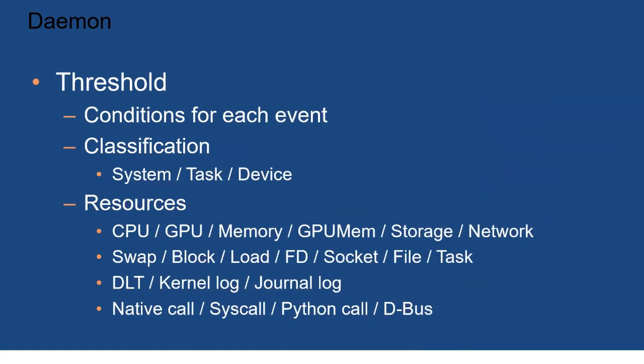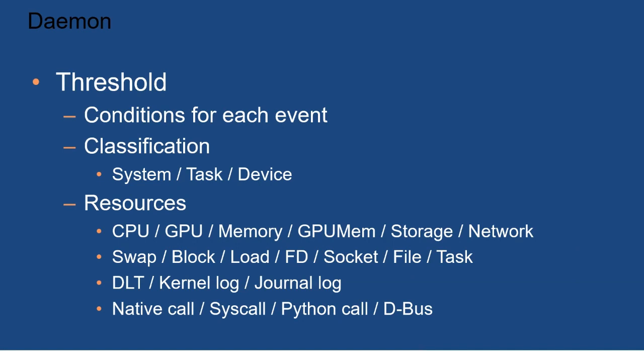In the demo, the occurrence condition of each event is defined as the threshold value of each resource defined in advance through the config file. Each event is largely classified into system, task, and device units. System type attributes are defined for system-wide resources. Task type attributes are defined for all or specific tasks. Device type attributes are defined for specific storage or network devices.